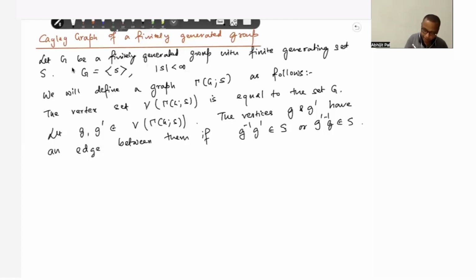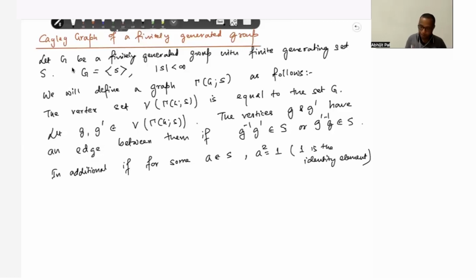And in addition, you also demand this thing. In addition, if for some a belonging to S, a squared is equal to the identity element, where 1 is the identity element, then between 1 and a there are two edges labeled by a and a inverse.